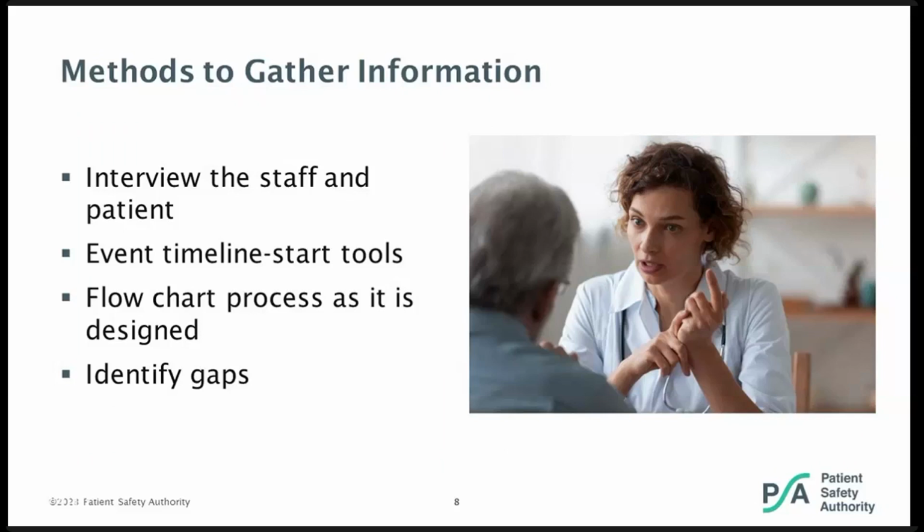But typically when you get an event, you'll probably start asking questions of those individuals that were involved in the actual event, depending on your facility and your operations. If you're from an ambulatory surgery center, you might actually start talking to those that were involved with the event. If you're from a larger hospital, probably a couple hundred beds, more than likely you can't get to those individuals.